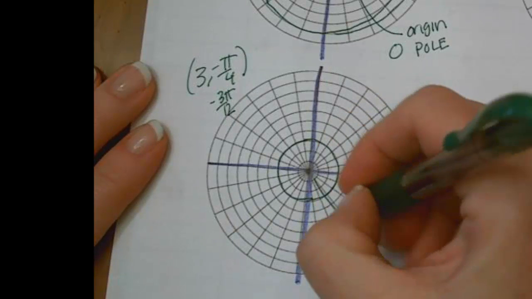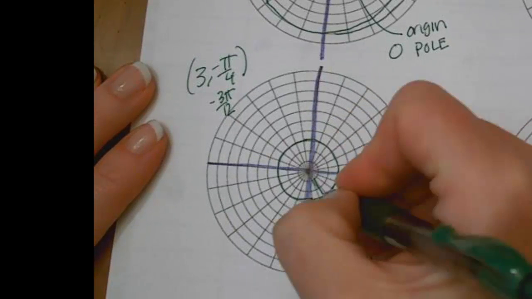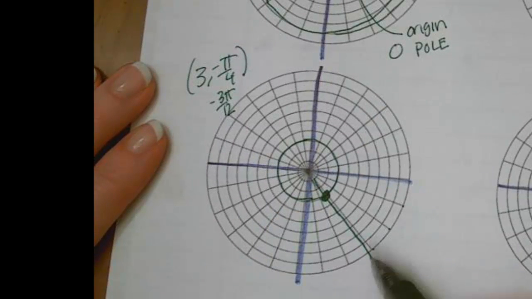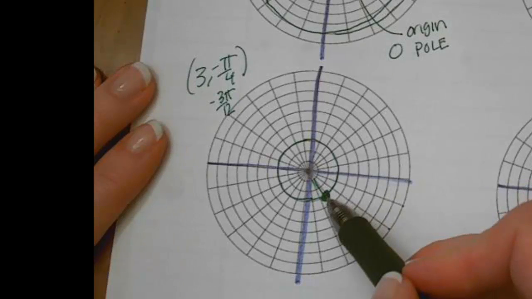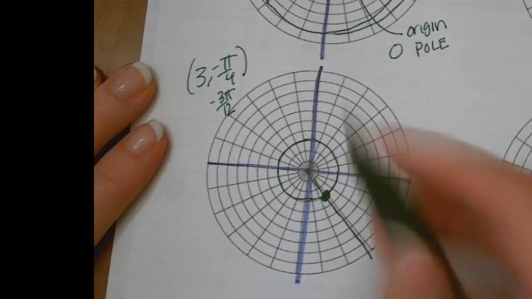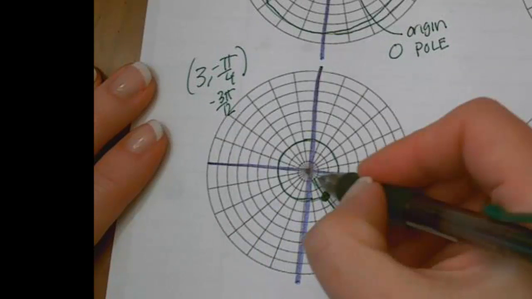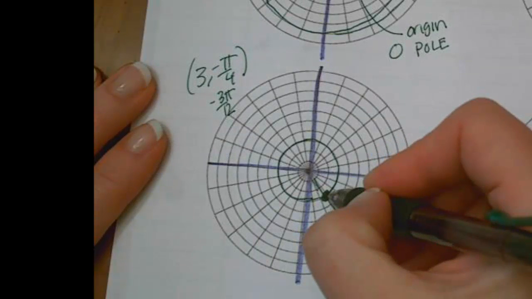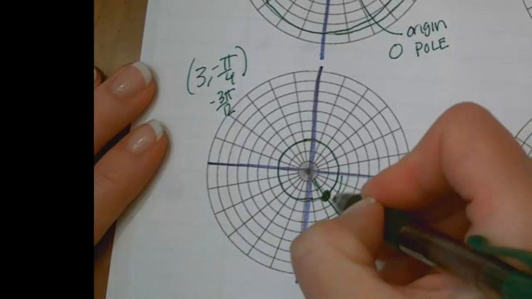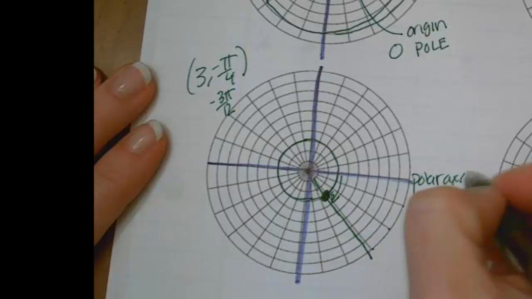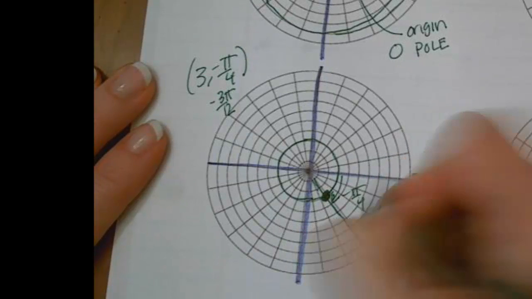This is the axis that I'm dealing with, and where those meet is right here. Again, you don't have to highlight the green that I've highlighted. I'm just trying to visually show you this on a video. So this right here represents the point 3, negative pi over 4. The radius is on the third concentric circle, and my distance from the polar axis is negative pi over 4 radians.